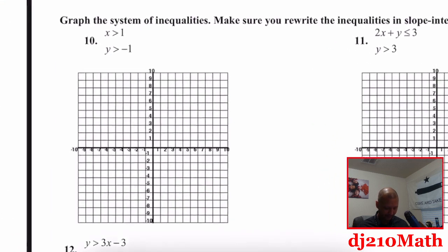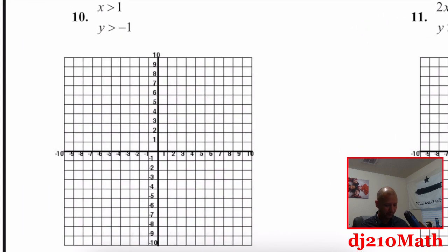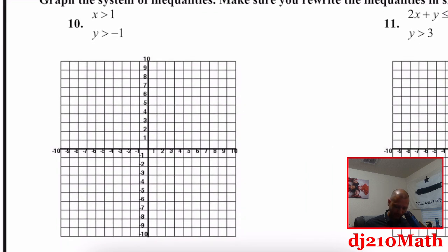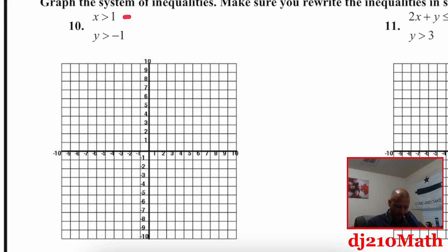10. We're going to graph the inequalities. So we're going to graph these lines, shade on the appropriate side with the appropriate type of line, solid or dashed, and then shade and see where the solutions are. Okay, so I'm going to use red. x greater than 1. So this is a vertical line through 1.